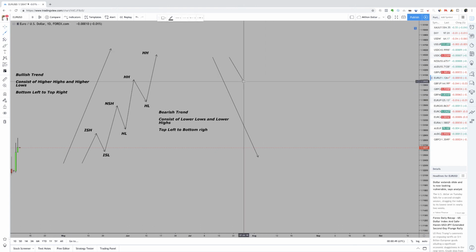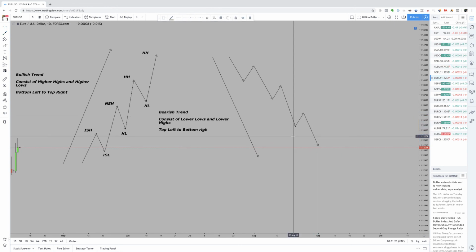Price never goes straight up or down. Price will go up. Price will go down. Price will go up. Price will go down. Price will go up.